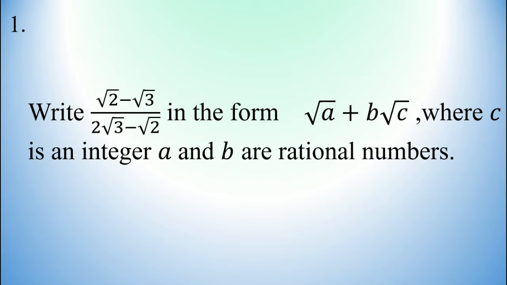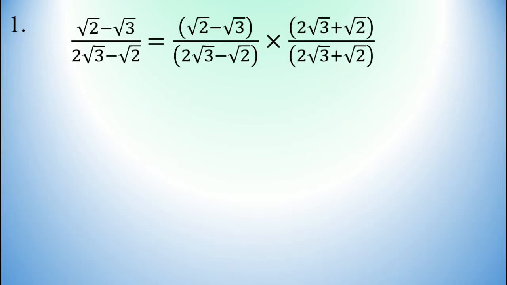What is the conjugate? In this problem, the denominator is 2 root 3 minus root 2. If so, the conjugate is 2 root 3 plus root 2.